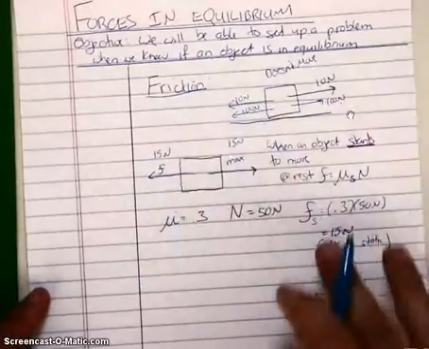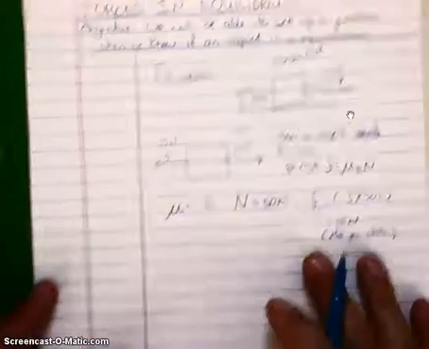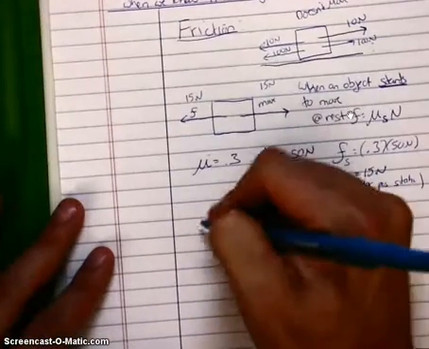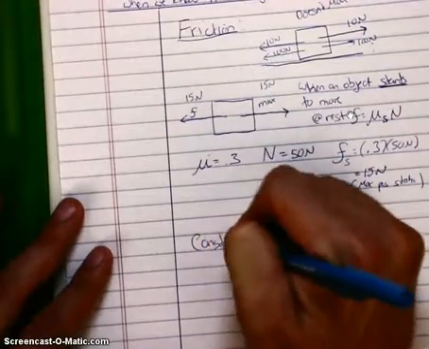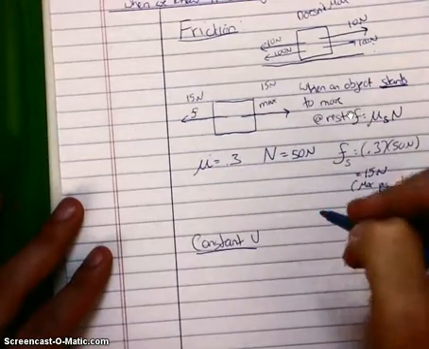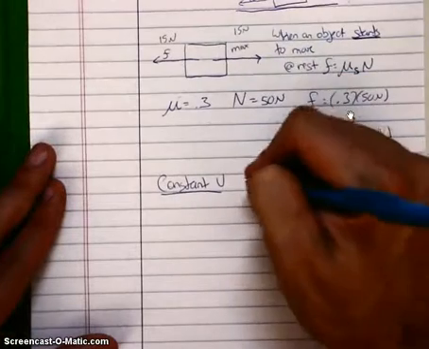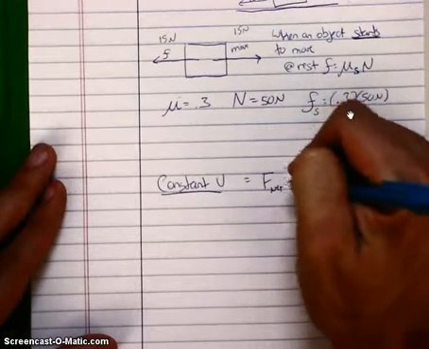So these are two examples of forces in equilibrium for friction. Another one is constant velocity. I can't stress this enough. Constant velocity is a very good thing that you want to see on a lot of problems, because constant velocity means that net force is 0.